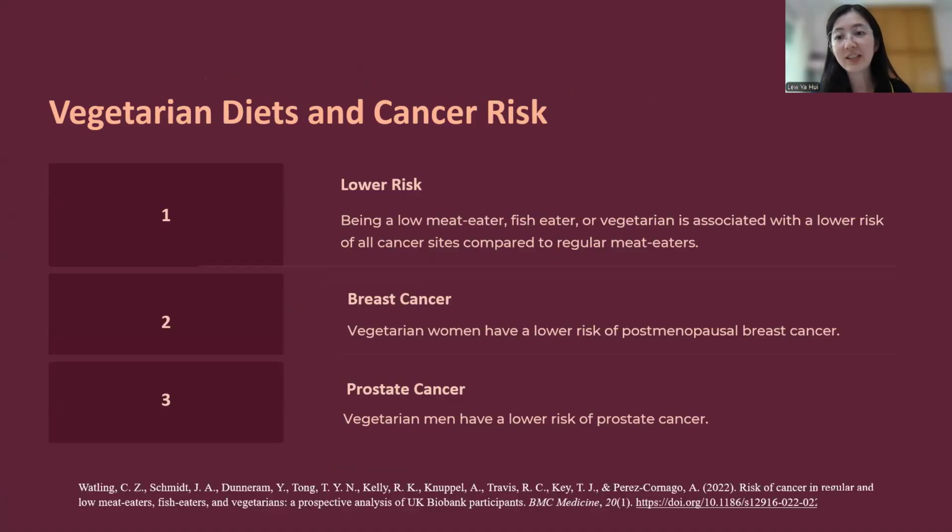So coming to the vegetarian diet research. A lot of research shows that being a low meat eater, fish eater, or vegetarian was associated with a lower risk of all cancer sites when compared to regular meat eaters, a lower risk of postmenopausal breast cancer in vegetarian women, and a lower risk of prostate cancer among vegetarian men.